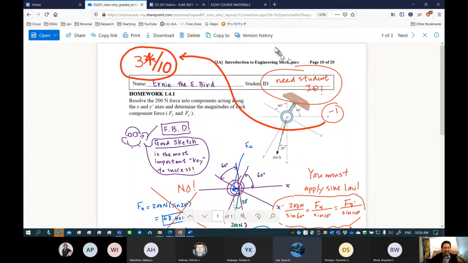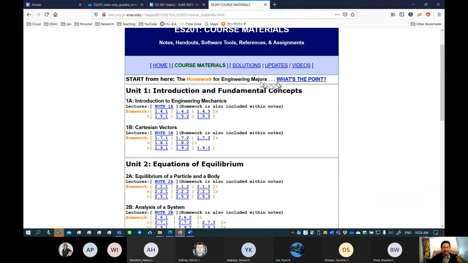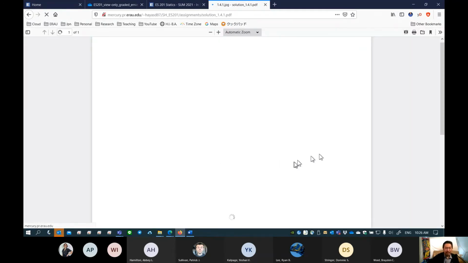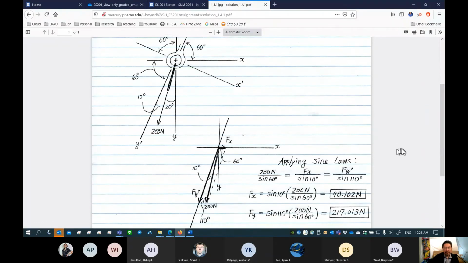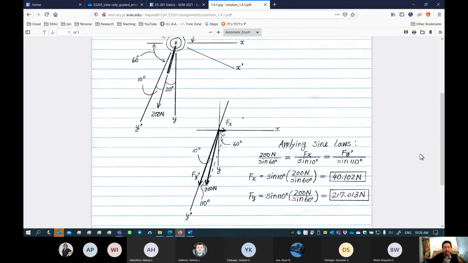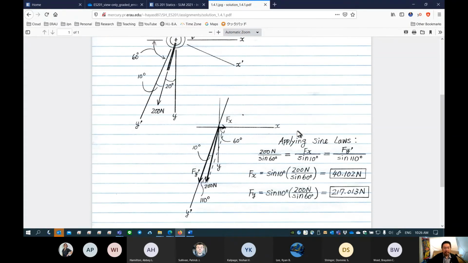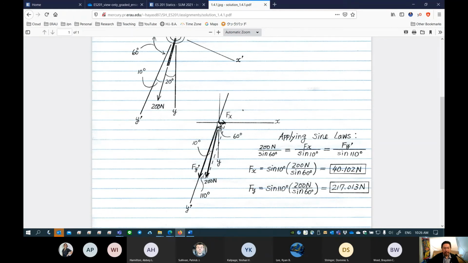You actually go back to the home page and take a look at solutions, because this homework solution 141 is already given. Then you take a look at this, the solution. Oh, okay. So this is the sketch Dr. H did. Those are all the angles. And this is the resolved force in X and Y prime direction. And then I have to apply sine law.